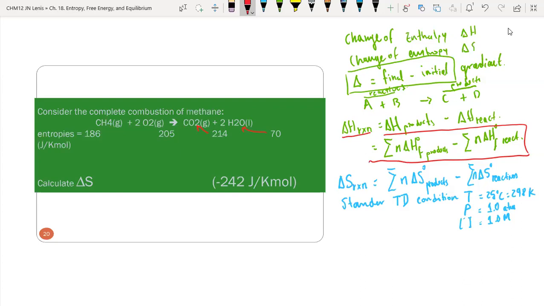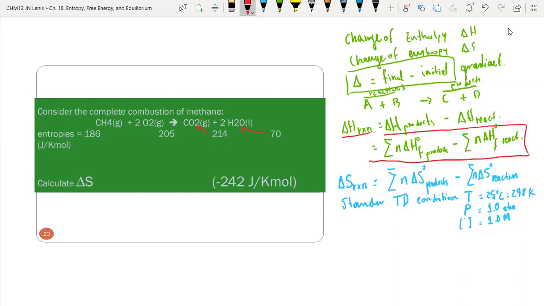What I like to do, since sometimes we need to do some calculations, is put the list on the bottom of the equation, or sometimes one on top and one on the bottom. Entropies and delta H. Many times we need to use both.